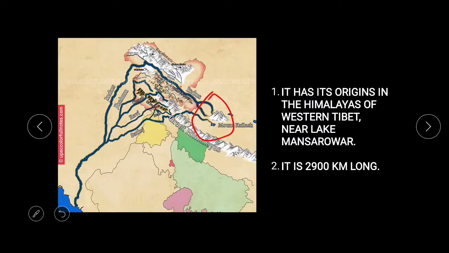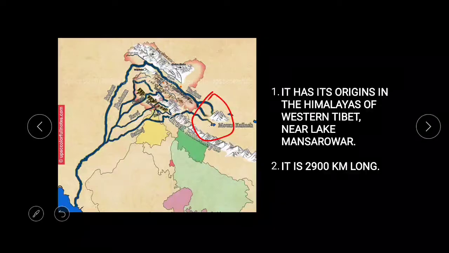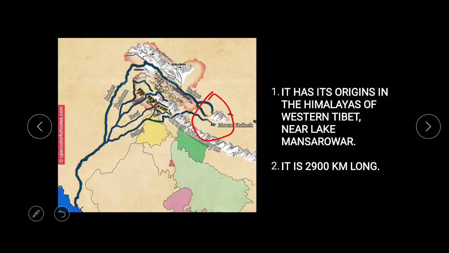I've marked it with a red lining. Here in this western Tibetan region it originates near Lake Mansarovar, and this river covers about 2,900 kilometers.